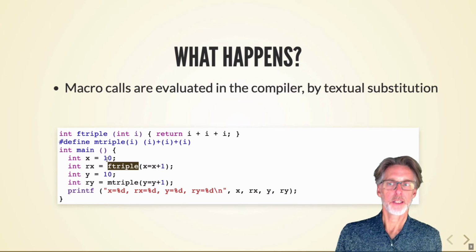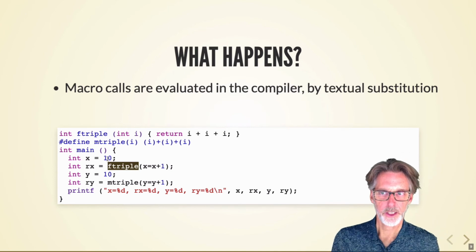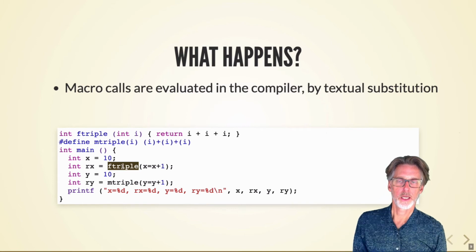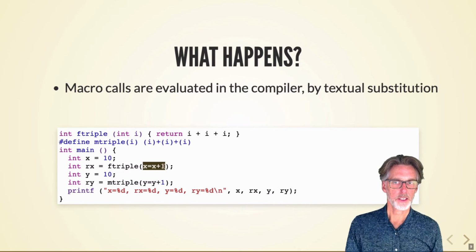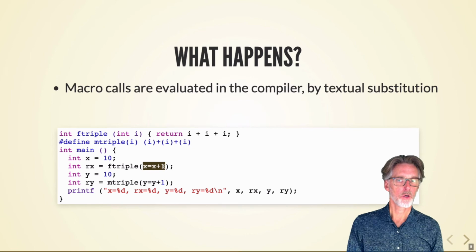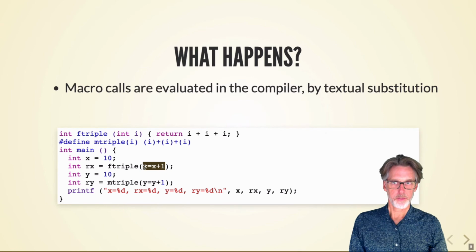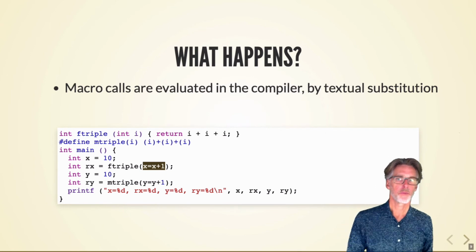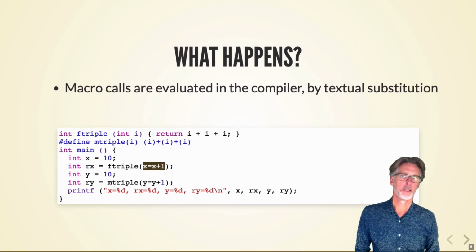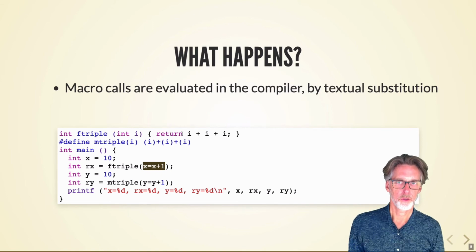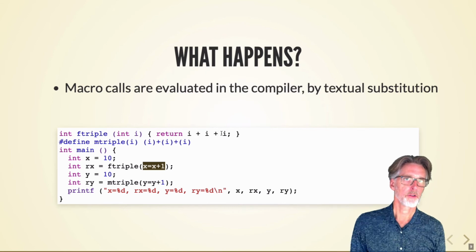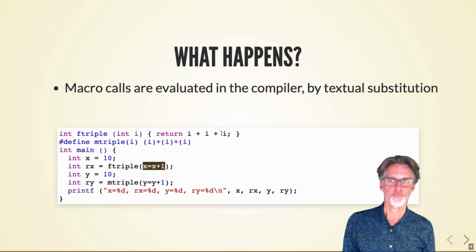Well, what's going to happen here is initially x is 10. In order to invoke the function f triple, we first must evaluate this expression. This will add 10 and 1 and store the result in x. The entire expression will have the value 11, in addition to updating x. So what do we expect f triple to print out? It'll be 11 plus 11 plus 11, which is 33.